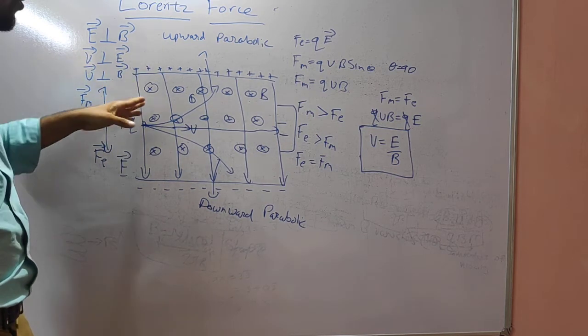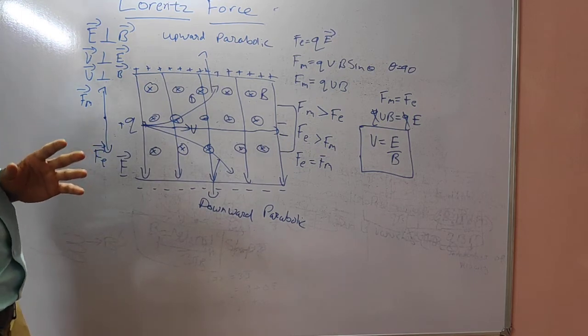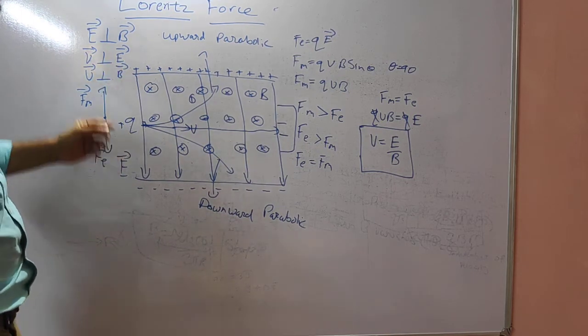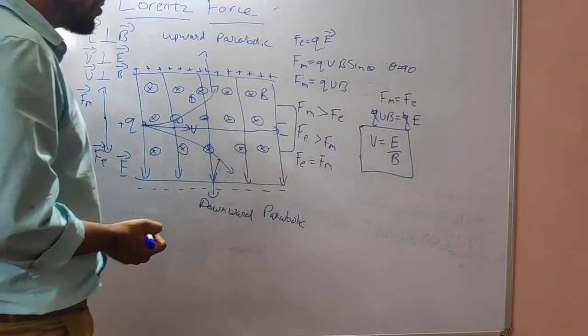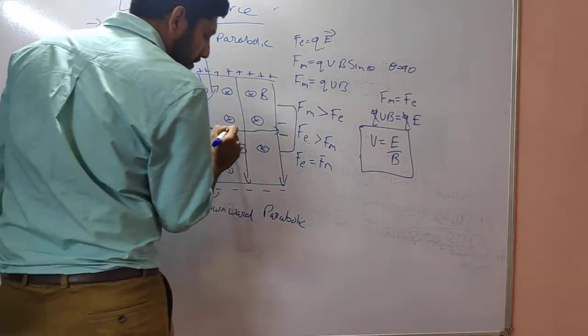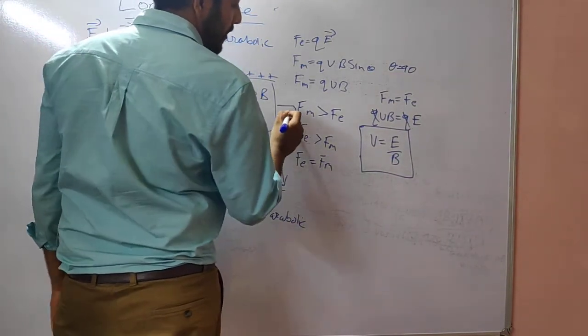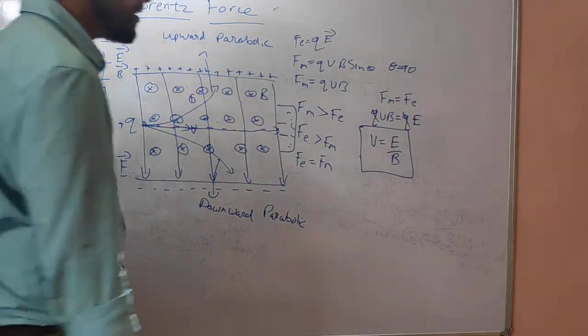But when many are released, some will go up, some will go down, some will go straight. Everyone will have different directions of velocity, but there will be very few which will satisfy all these three conditions as well as this condition. So when this condition is satisfied, the charge will directly move in the same direction without any deflection and it will be collected over here, and this is known as velocity selector.